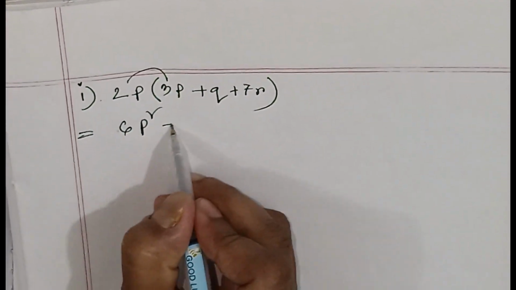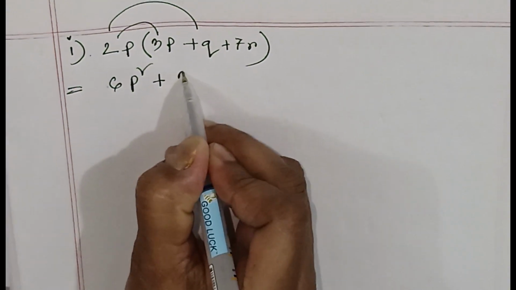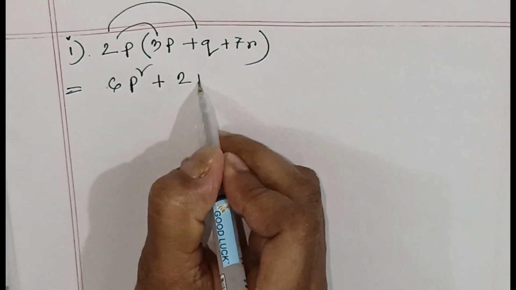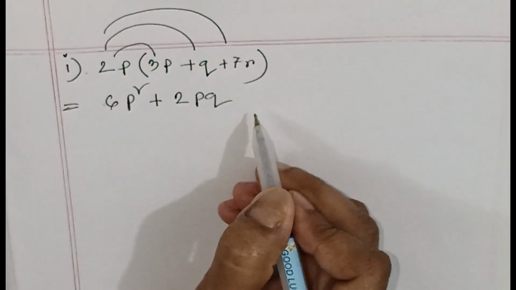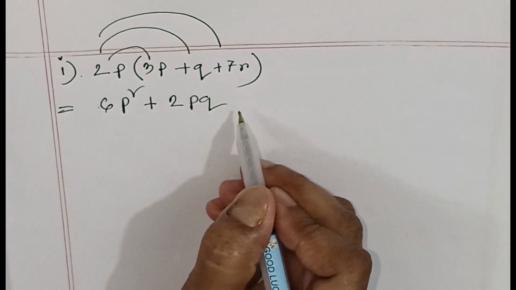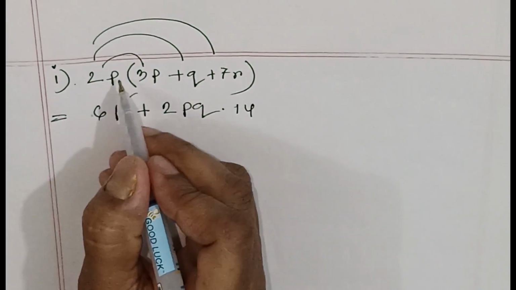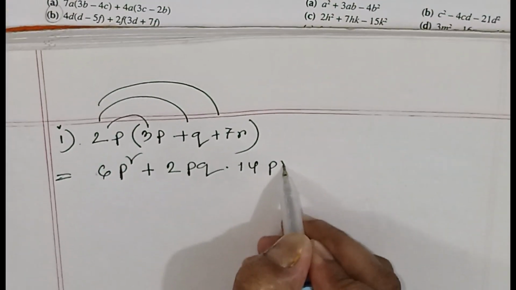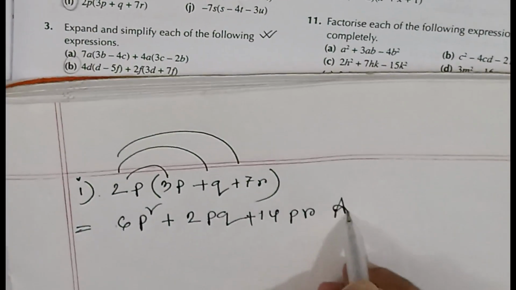So plus, 2p into q, 2 ones are 2 and variables multiply, pq. Next 2p into 7r, coefficients 7 into 2, that means 14, and variables multiply, pr. That's it. This is the answer.